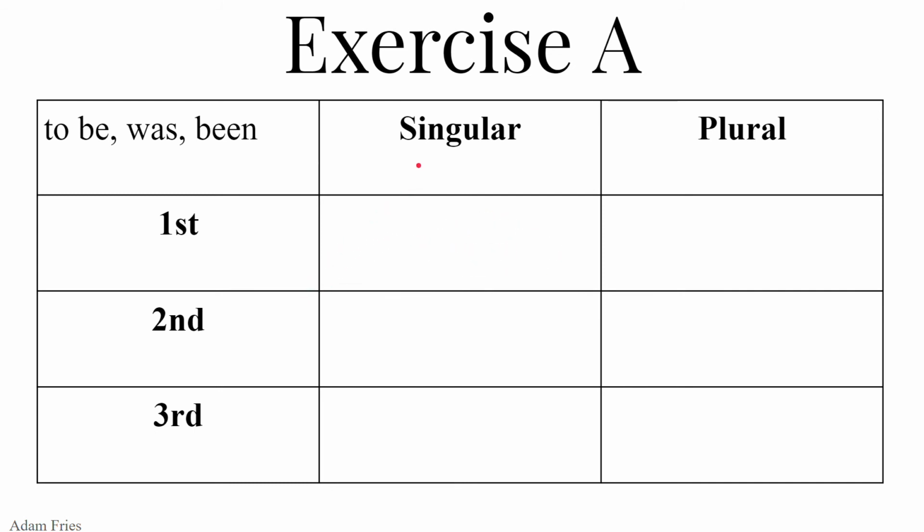Second person singular, you are, or you could say thou art. Third person singular, he, she, it is. First person plural, we are. Second person plural, y'all or ye are. And third person plural, they are.